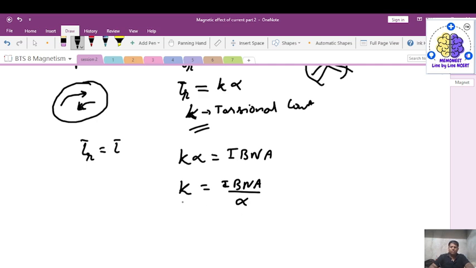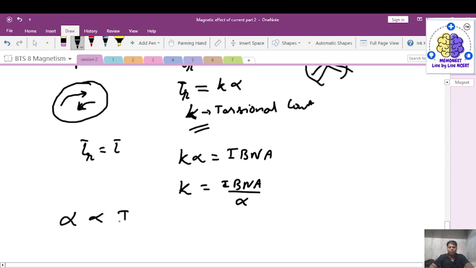Now the angle of deflection alpha is directly proportional to the current flowing in it, right? The more the current flowing in, the more the torque and the more the deflection. So from here we can also write this as alpha is equal to N B A upon K into I. Now this quantity N B A upon K: N is constant, the number of turns in the coil, fixed.